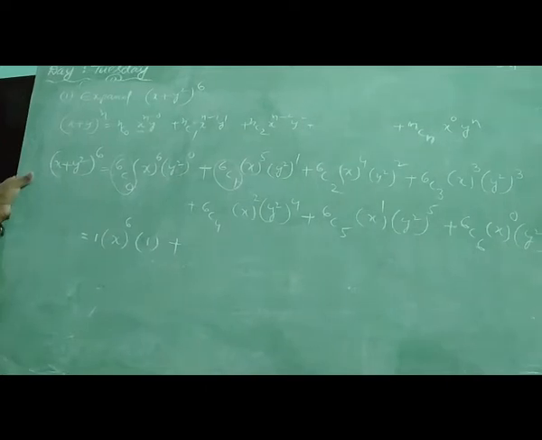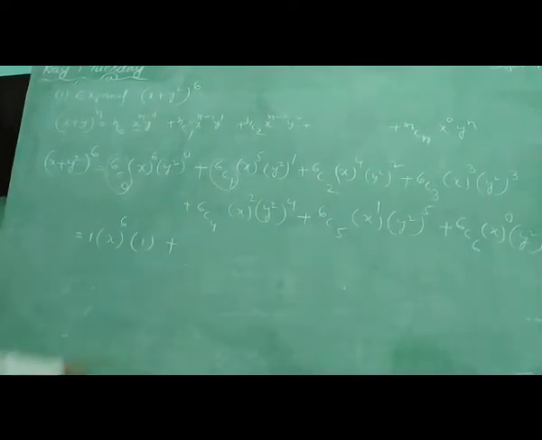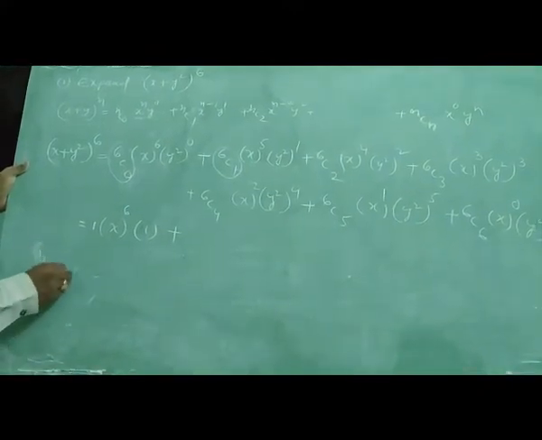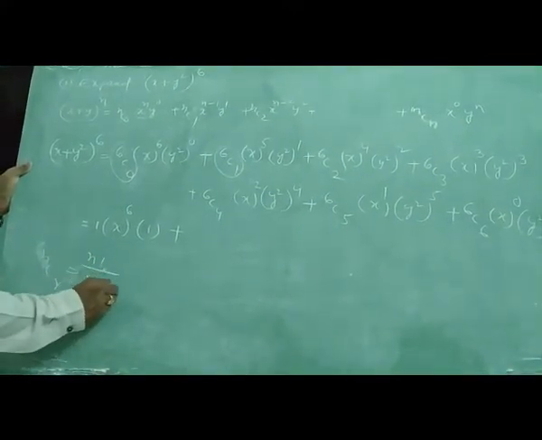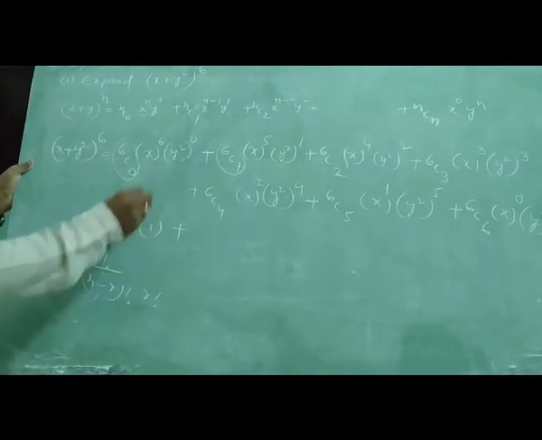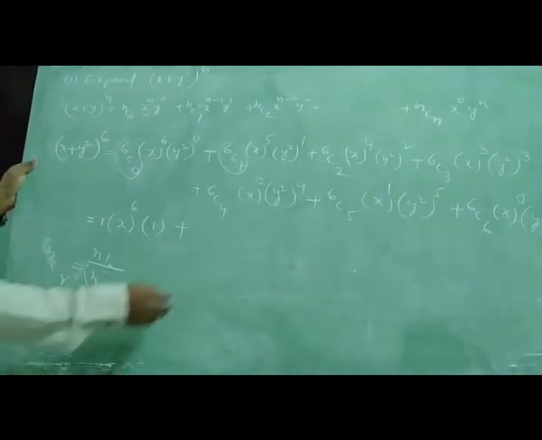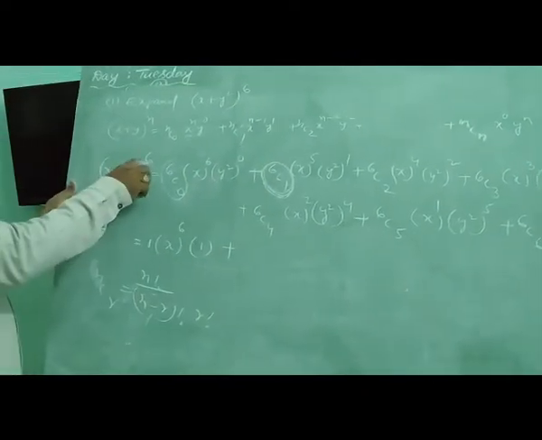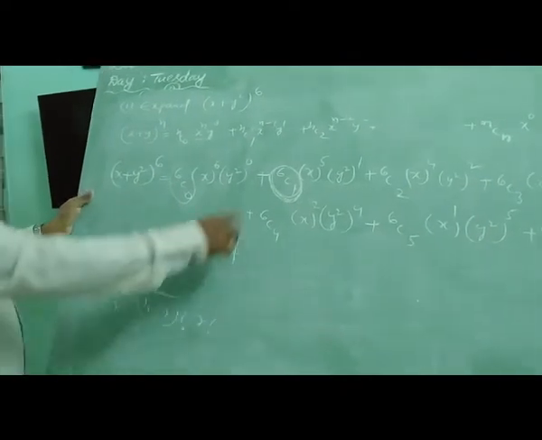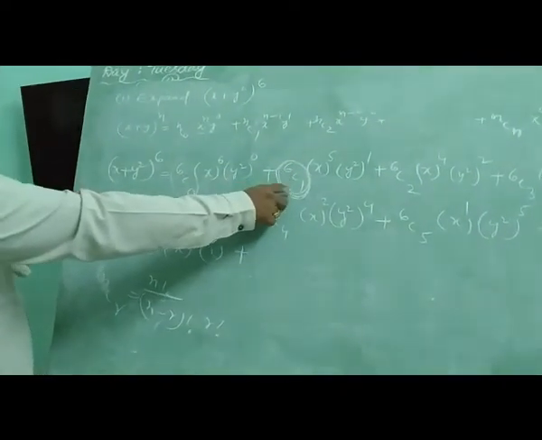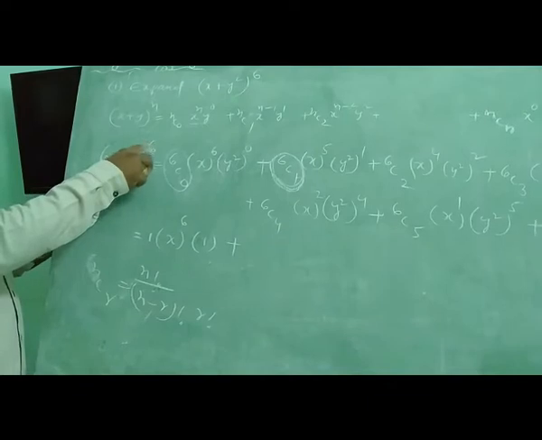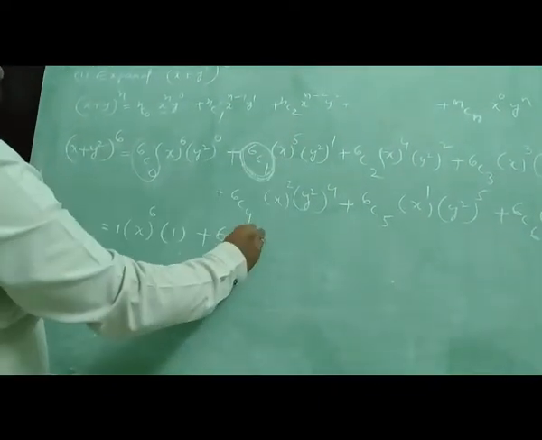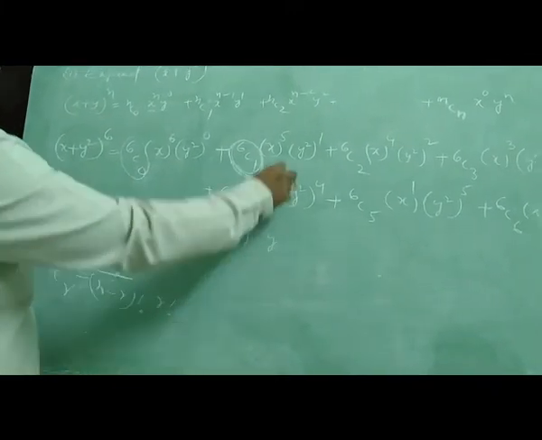Remember one thing, 6C1 is equal to 6. You can use the formula nCr, or otherwise directly remember that the coefficient of the second term is always equal to the exponent of the binomial. What is the exponent here? 6. So 6 comes. 6 into x power 5 into (y square) to the power of 1.